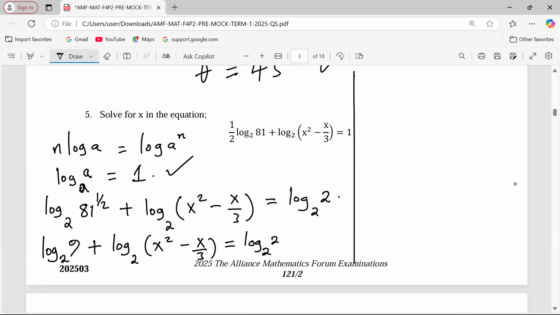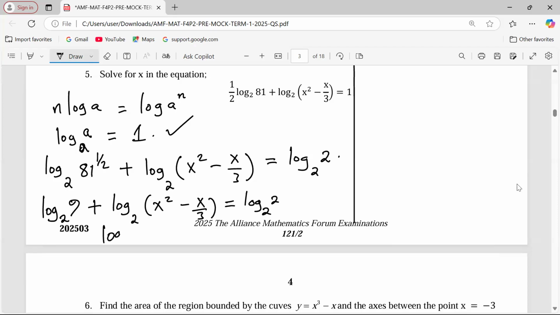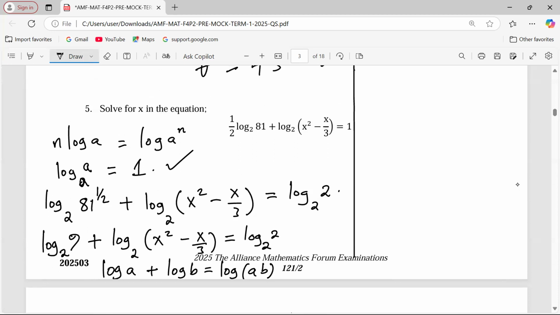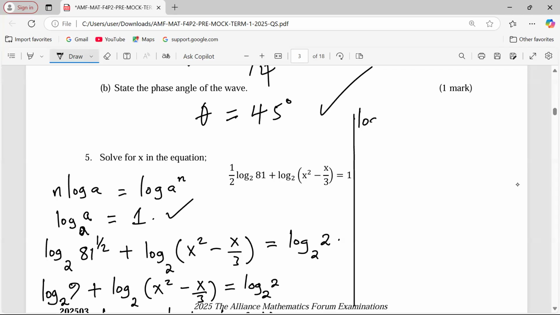At this point, allow me to quote another law of logarithms that says if we have log a plus log b, as long as they are logs to the same base, then we can solve this by taking log of a multiplied by b. Applying this on the left-hand side, we take log to base 2.